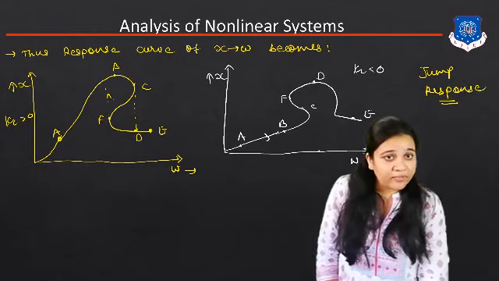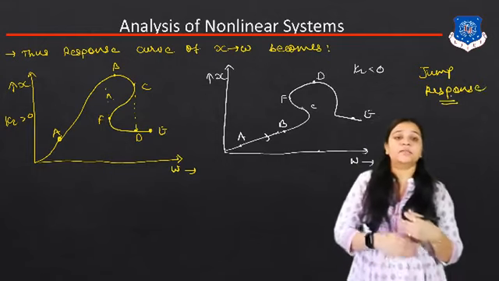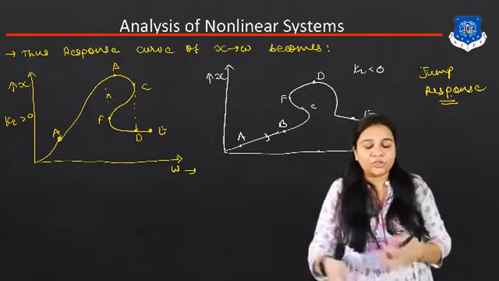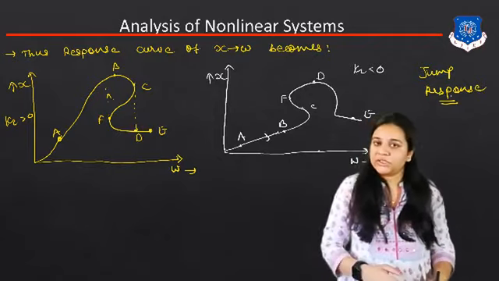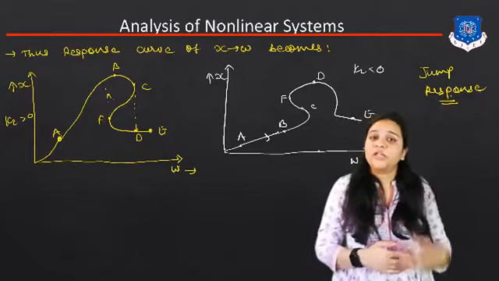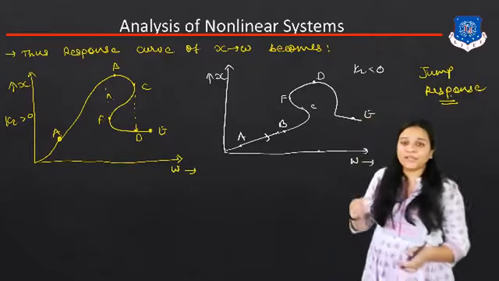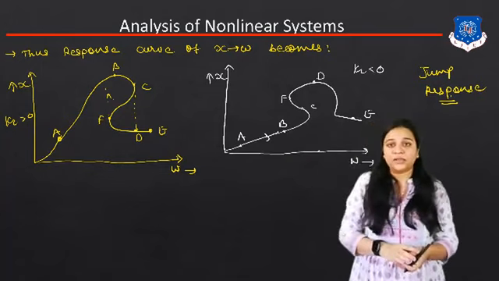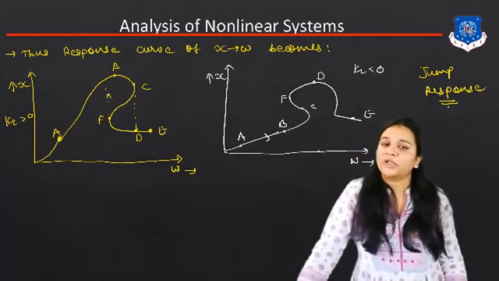Whenever we deal with any mechanical system where the input force applied is in sinusoidal form, the response curve will look like this. Depending upon the spring condition, we can get the jump response of this particular system.